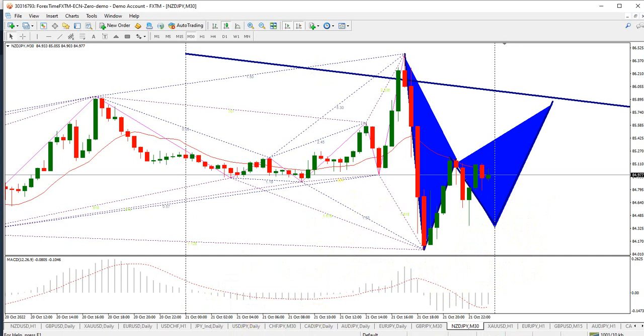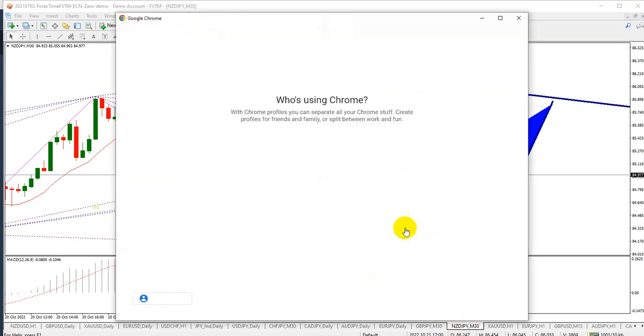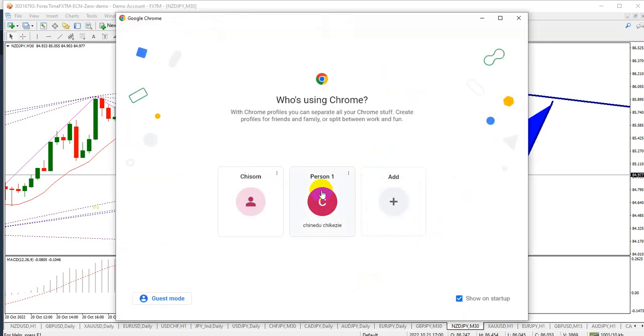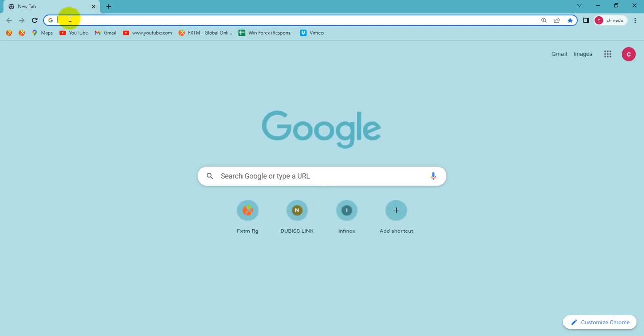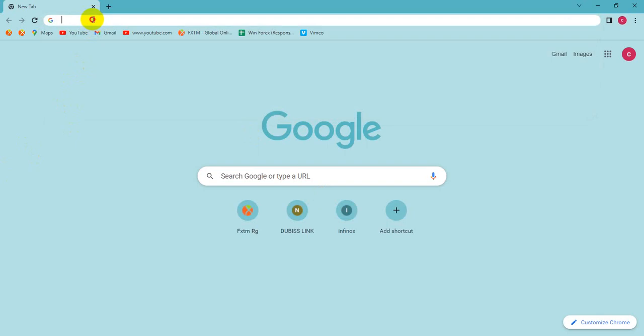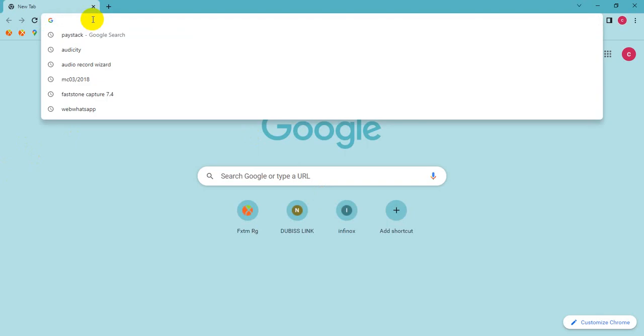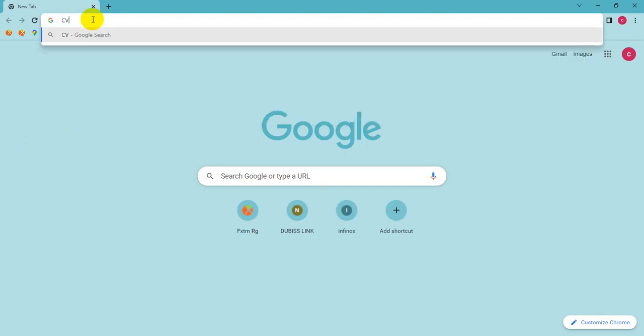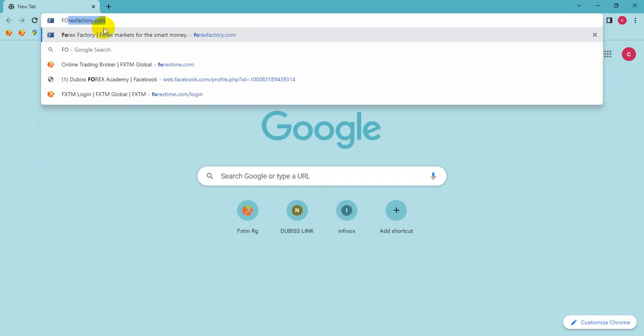So quickly, let's look at fundamentals before we call it a day. Let's look at fundamentals, and then let's look at Forex Factory.